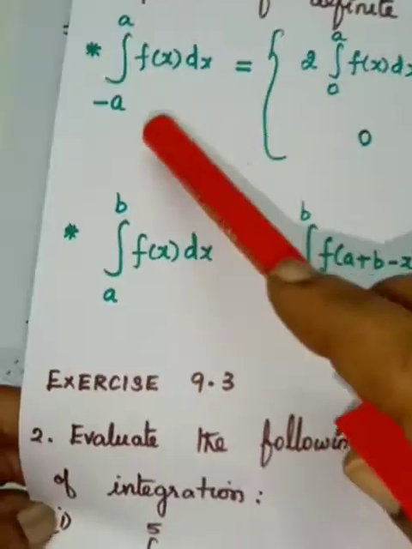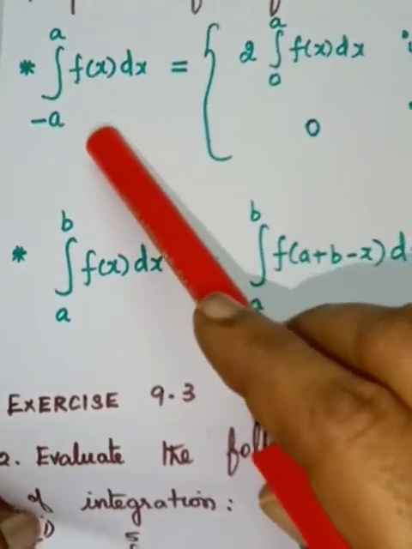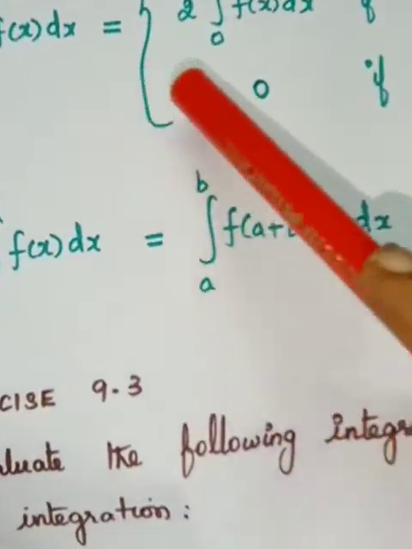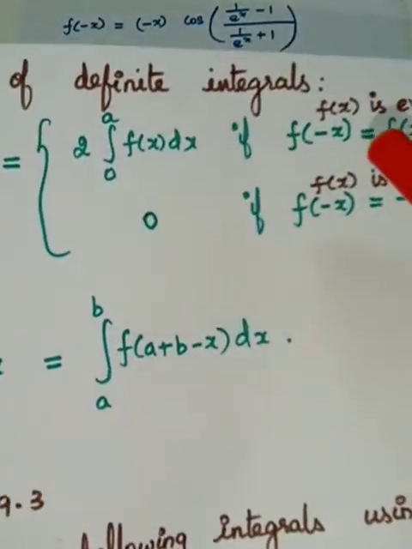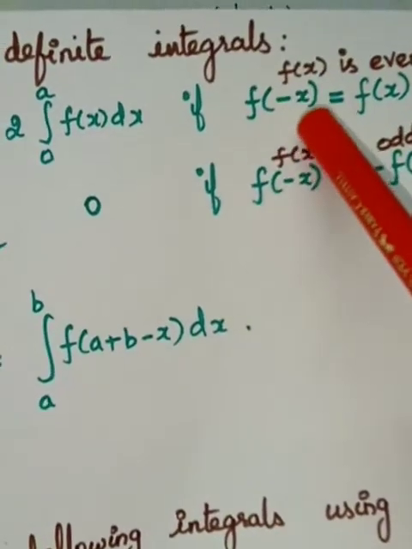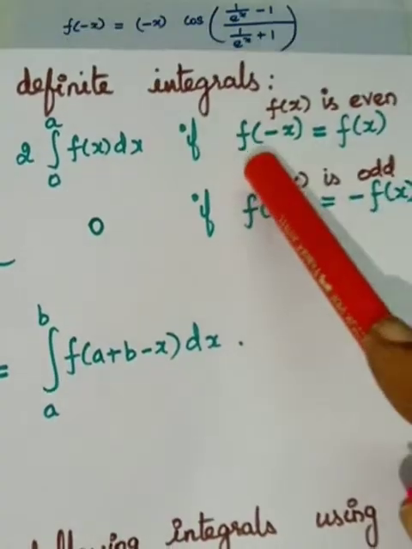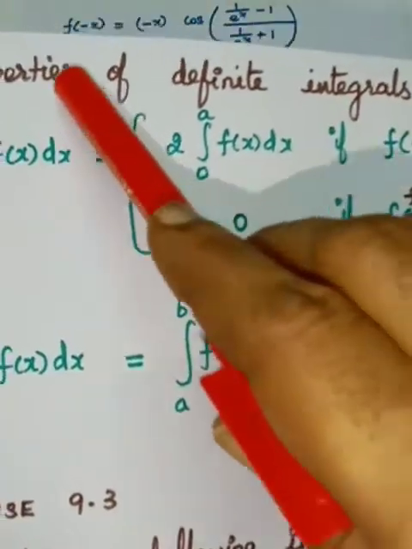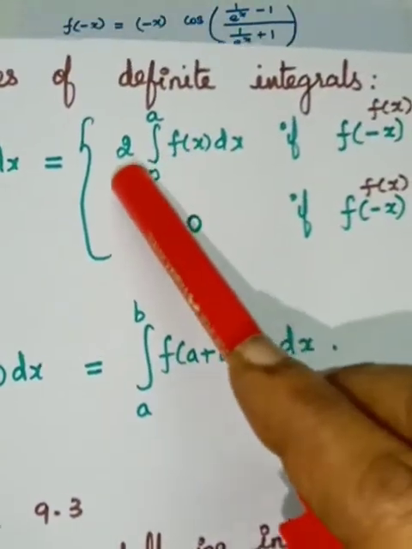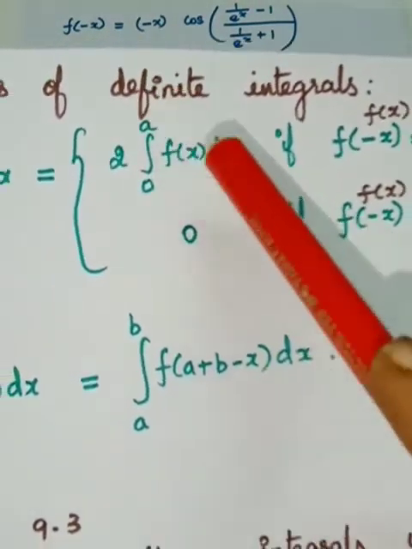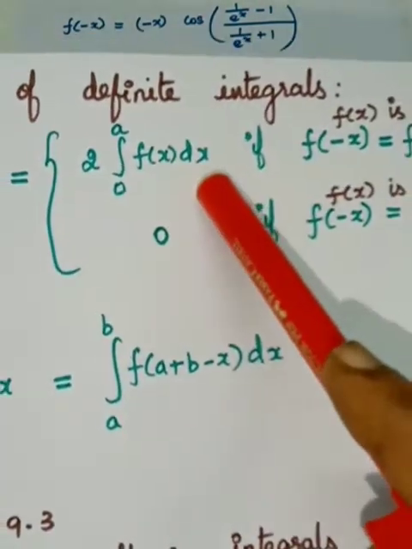See, if the result is given, integral from minus a to a of f of x dx, first you have to see whether the function is even or odd. If the function is even, that is f of minus x is equal to f of x, then the answer is equal to 2 into the integral from 0 to a of f of x dx.